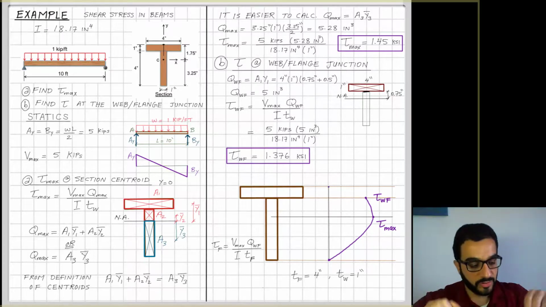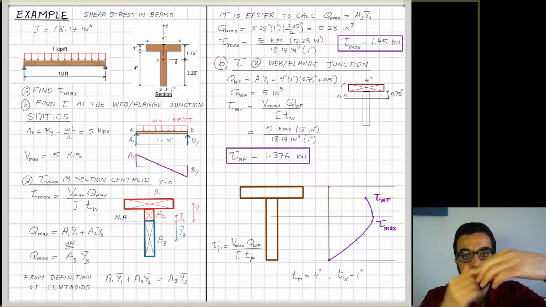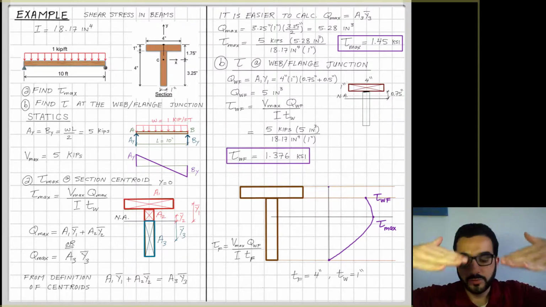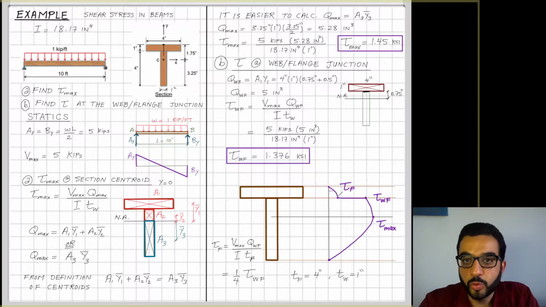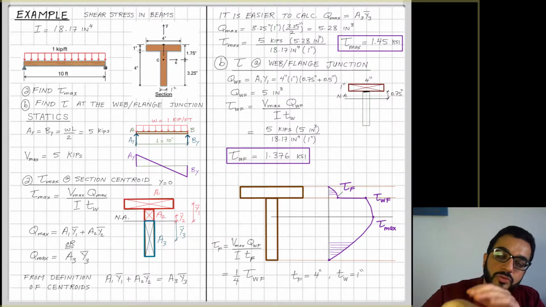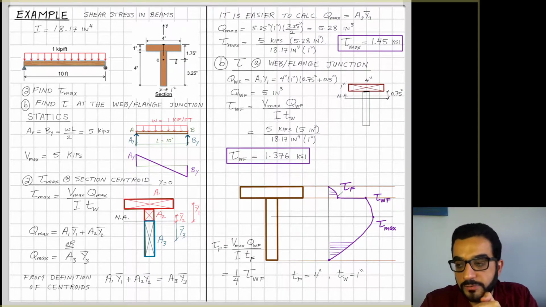So instead of slicing over that thickness of the web, now I'm slicing over that whole flange width. And if t flange is equal to 4 inches and the t web is 1 inch, I can just proportionally figure out that tau F is equal to a quarter of the value of tau WF because of that difference in thickness. And then it will go down and diminish to 0 at the top point of the section.